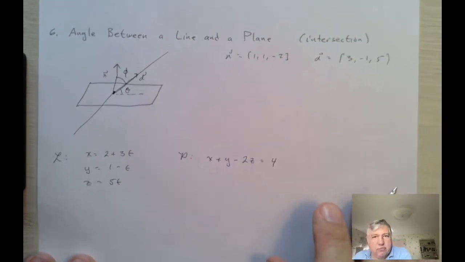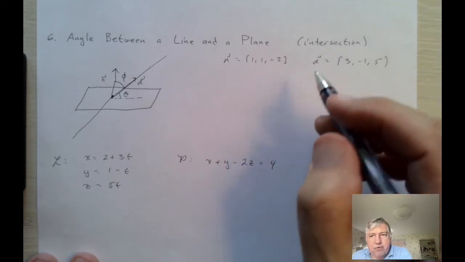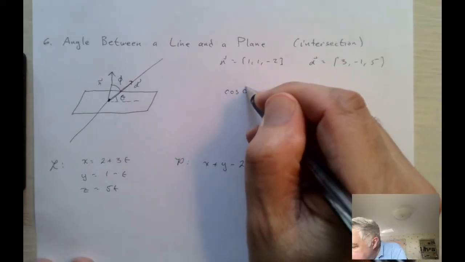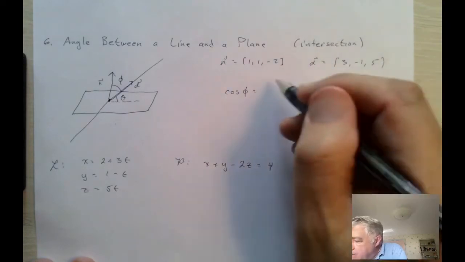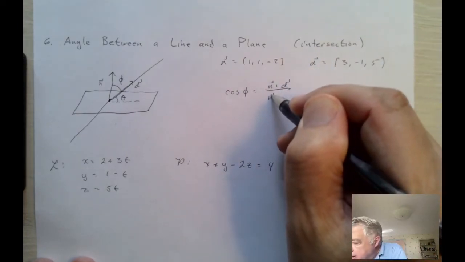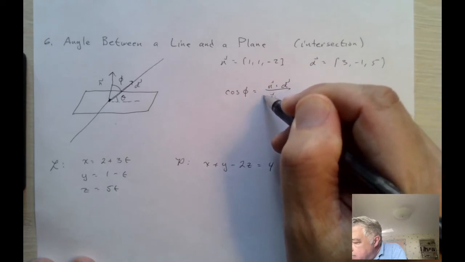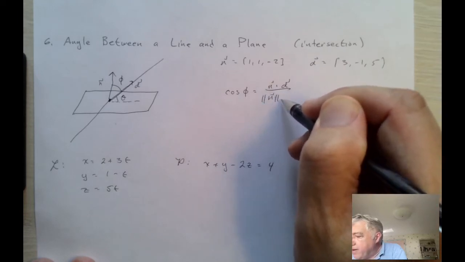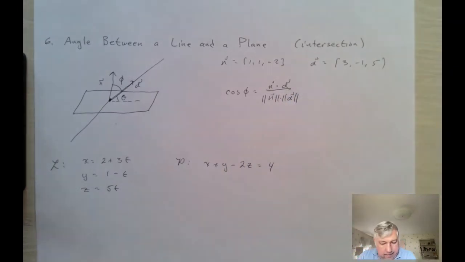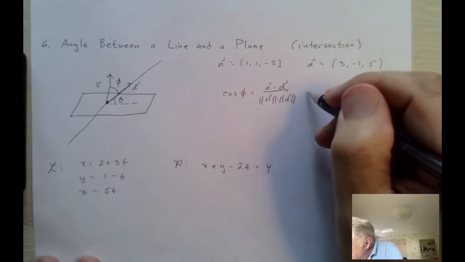From here we have that the cosine of phi is going to be n dot d over the length of n times the length of d. So what will this be?